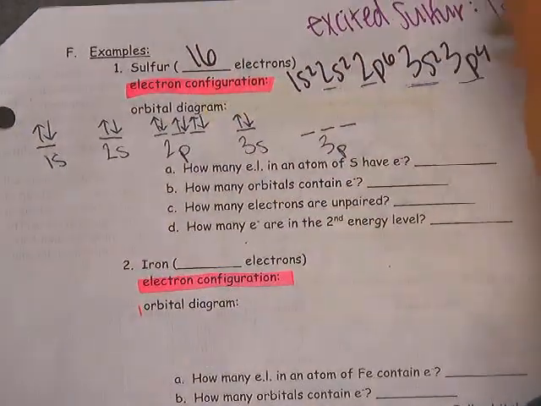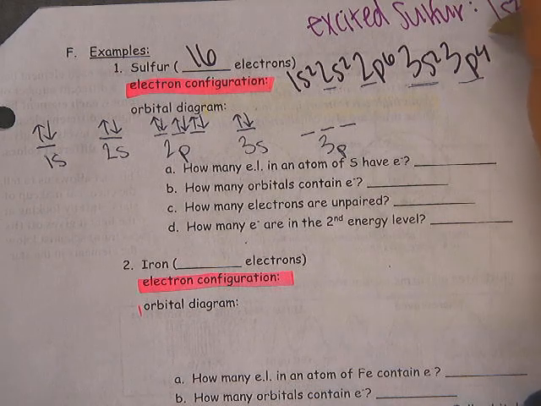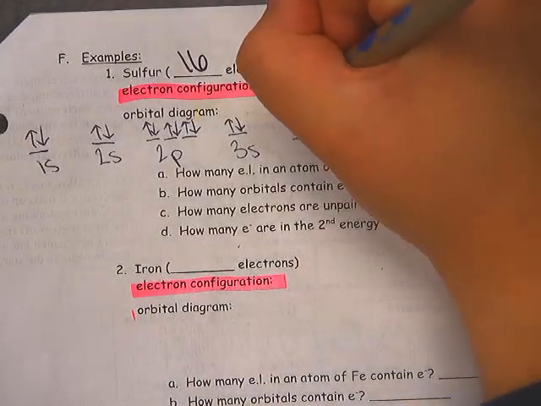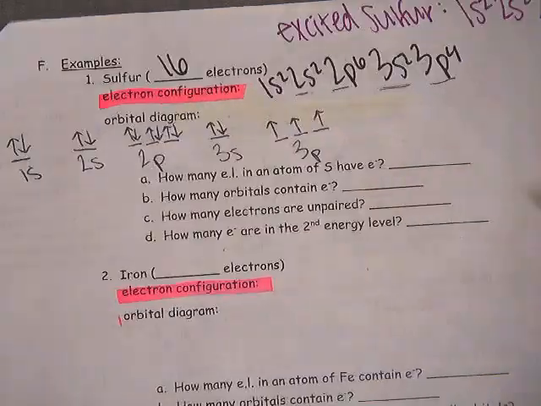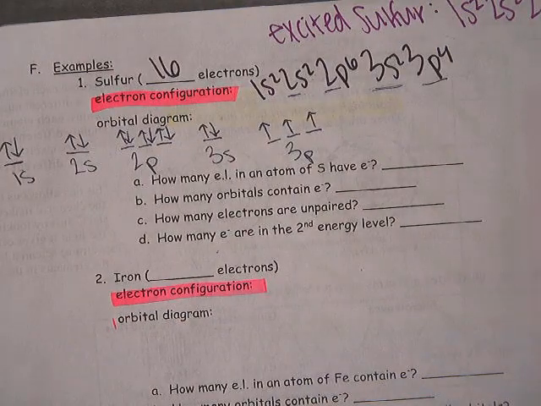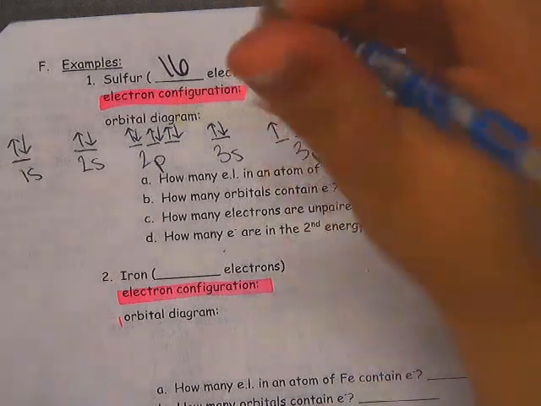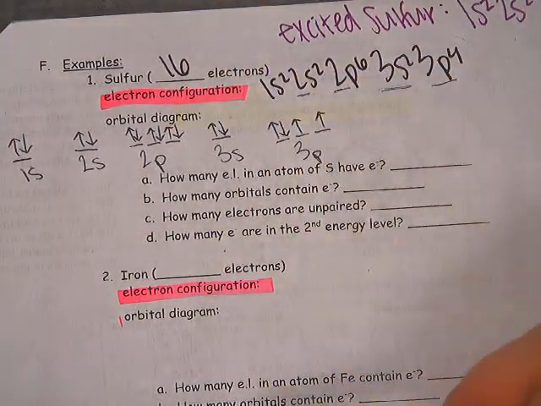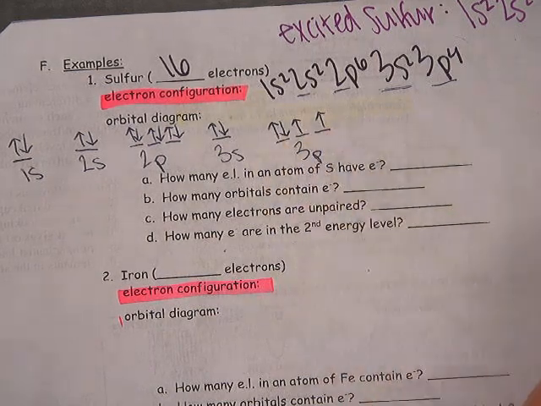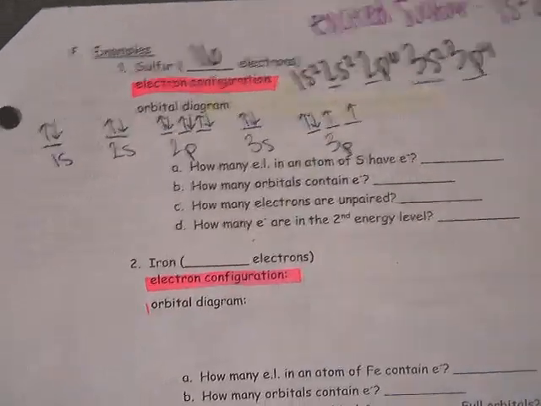And then 3p, I have 4 electrons in 3p. So this is where Hund's rule really comes into play. You have to go up, up, up, so that each orbital has 1 electron with the same spin before any orbital gets a second electron. And we're not going to put second electrons on those because my 3p already has 4 electrons.